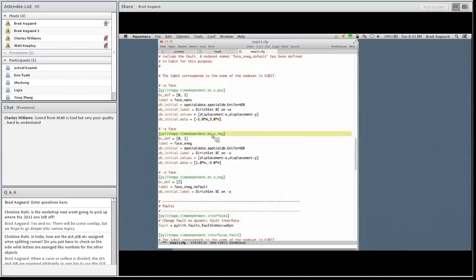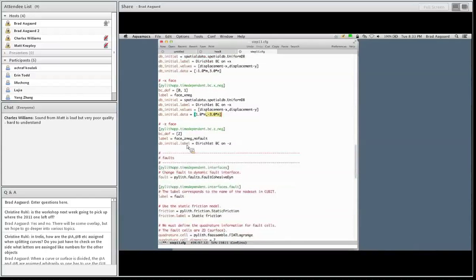On the X negative face, that's this component here, constrain the same degrees of freedom, and we'll give them the opposite sense of motion. So again, we're going to have compression in the X direction and then shear in the Y direction. On the bottom face, we're going to use our roller boundary condition, so 0 displacement in the Z degree of freedom.